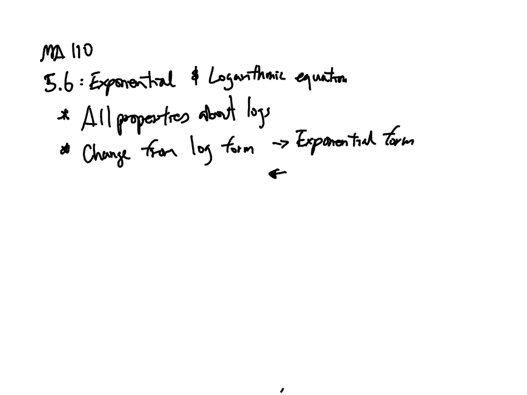So basically, you need to be able to change from log to exponential and exponential to log. And then we're going to solve log equations by hand and exponential equations by hand, and some application problems.